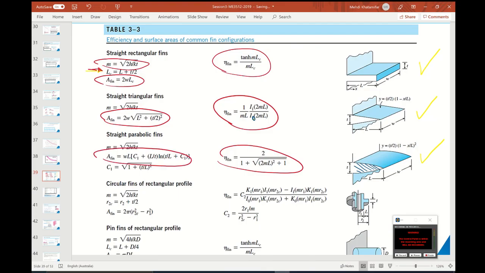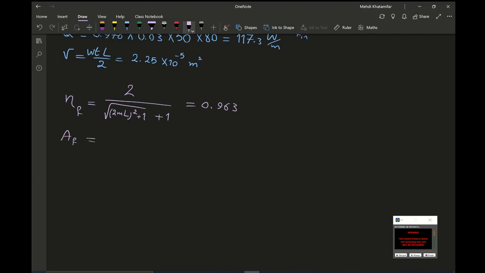The area for the fin is going to be this, and we have C1. To get C1, you need to use the other formula, and you have everything there, so it is going to be 0.03 meter. It's very similar to the previous one. So Q dot is going to be fin efficiency 0.963 times area 0.03 times h 50 times temperature difference, which is 80 degrees, and the heat transfer rate is going to be 115.6 watt per meter.